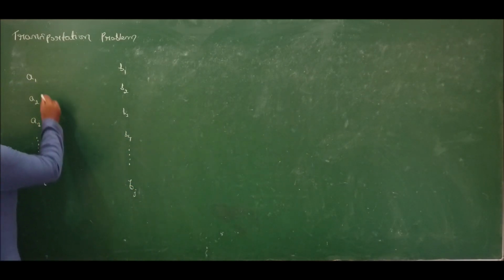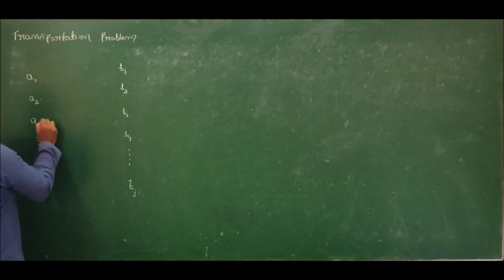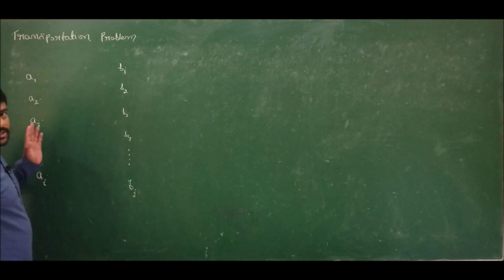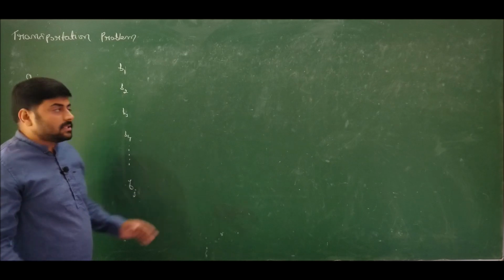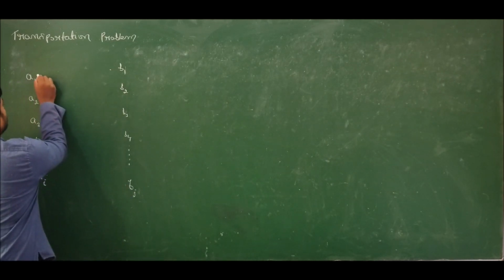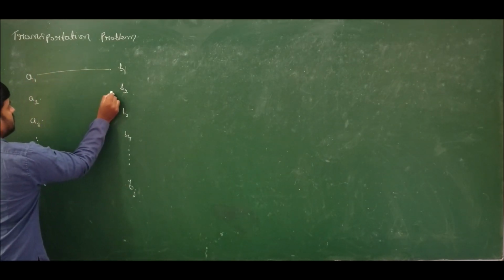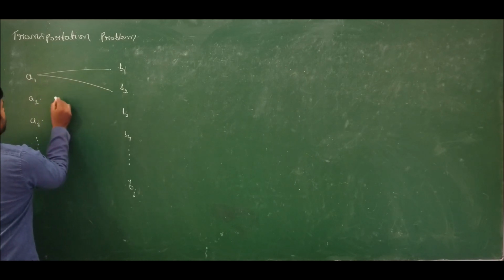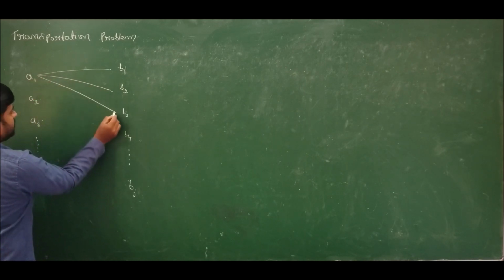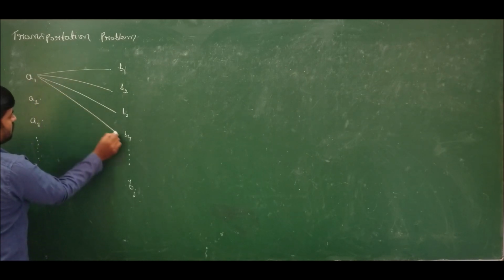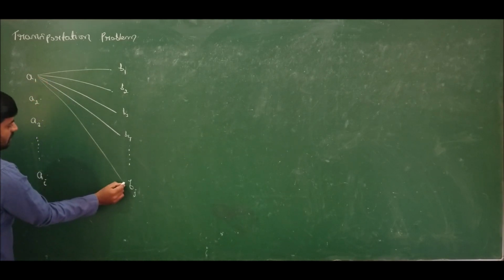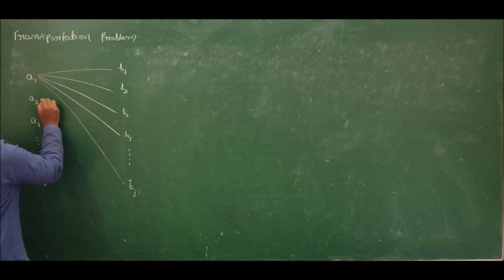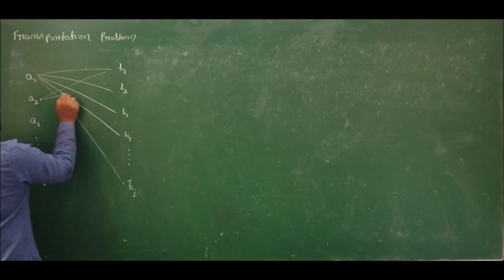And we assume that from each origin I can transfer commodities to all the destinations. That is, I can transfer commodity from A1 to B1, A1 to B2, A1 to B3, A1 to B4. Like that I can transfer commodities from all origins to all destinations.